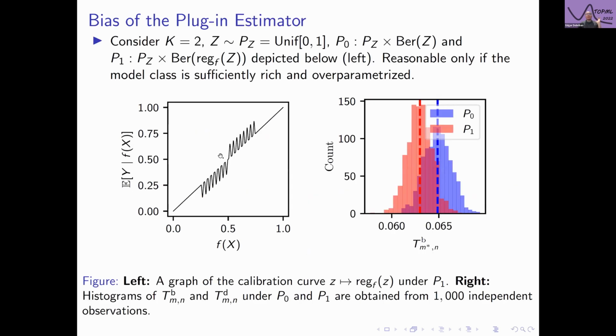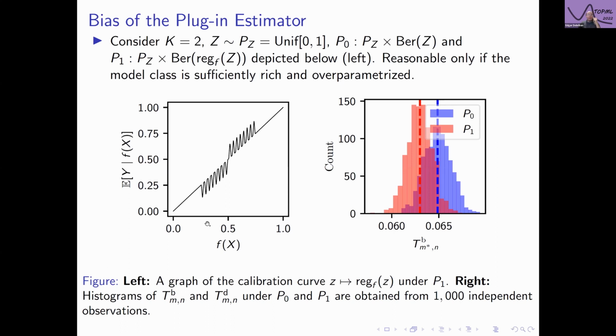So here there's a simulation where it's just a binary case, and the distribution of z is uniform, and the distribution of the alternative is this uniform times the calibration curve given here. So the calibration curve looks like it's under confident.